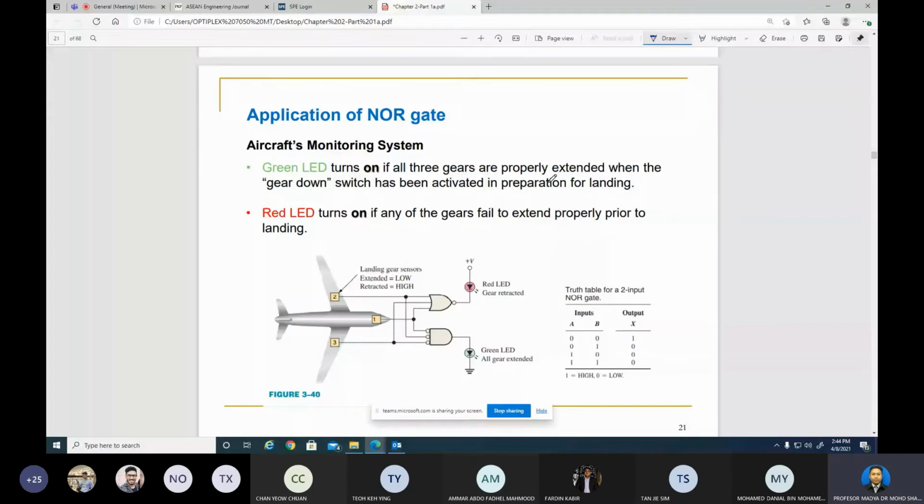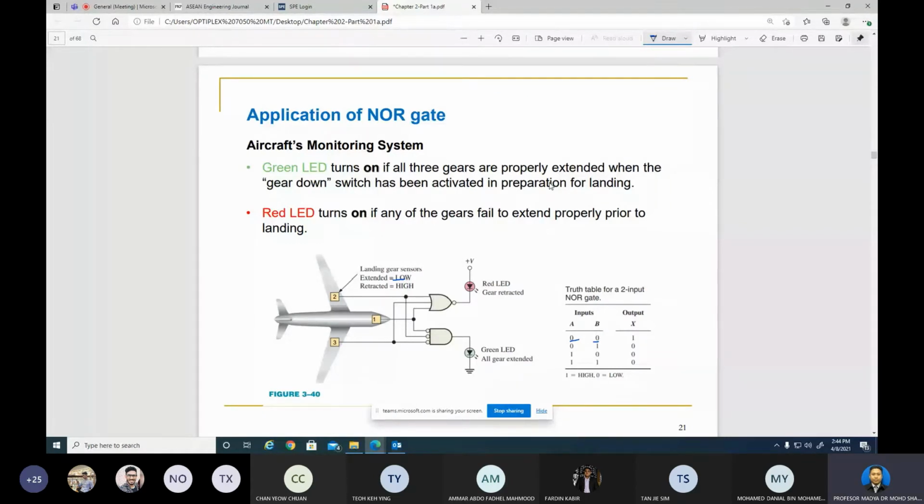That means all extended will be low, which means zero. The inputs gear 1, gear 2, gear 3 will be low, that means 0, 0, 0. Then the green light will be on.